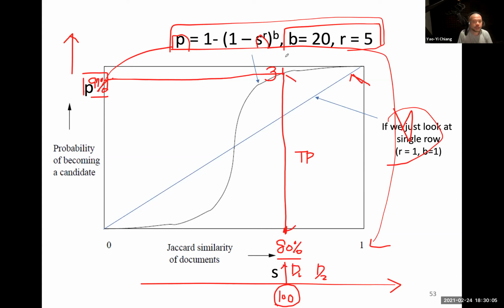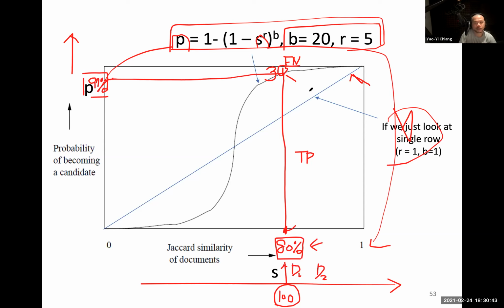This 3 becomes your false negatives, right? And they are false negatives because you want them to be similar. I said my similarity threshold is 80%. I want every pair that has equal or more than 80% Jaccard similarity to be candidates. But you still have 3 here. So this becomes your false negatives.